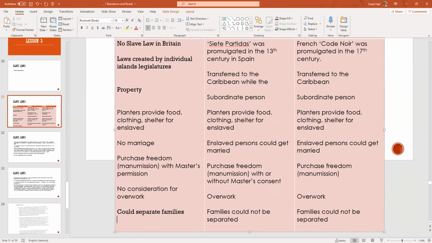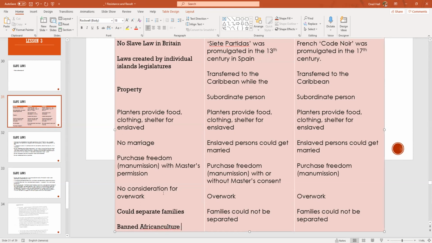What else, ladies? What about religious teachings? The British banned religious practices from the African culture. So they both banned African culture.